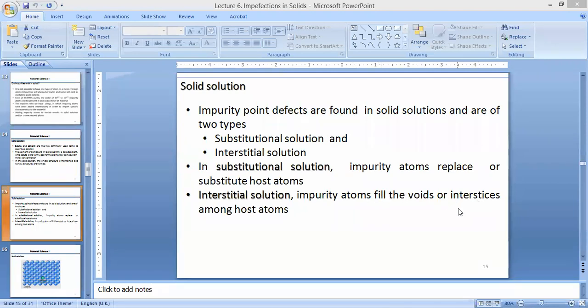Remember we said that copper, even at 99.999%, still has like 10 to the power 22 or 10 to the power 23 impurity atoms in it. It means that they came and settled in the voids or the interstices among those host atoms.